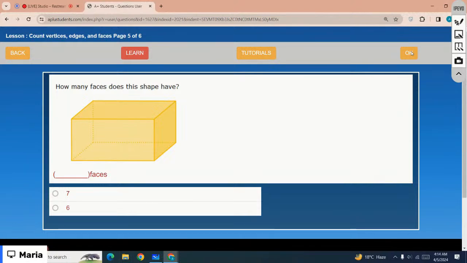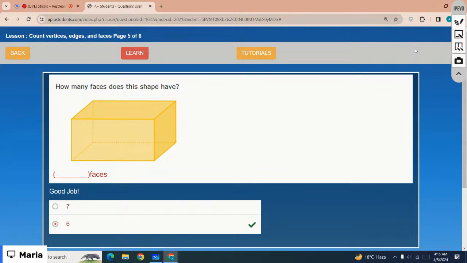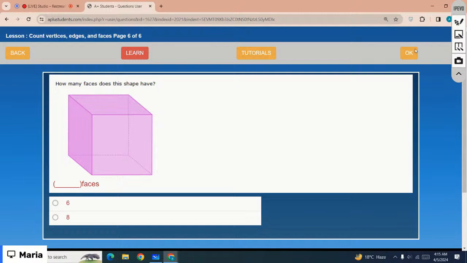Which is the correct option? Yes, the correct option is six faces. How many faces does this shape have? Which is the correct option?